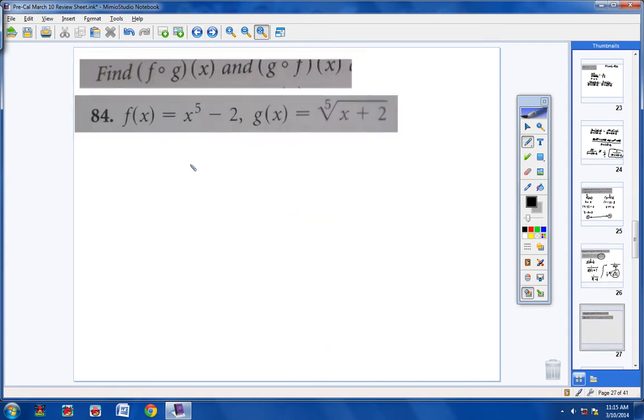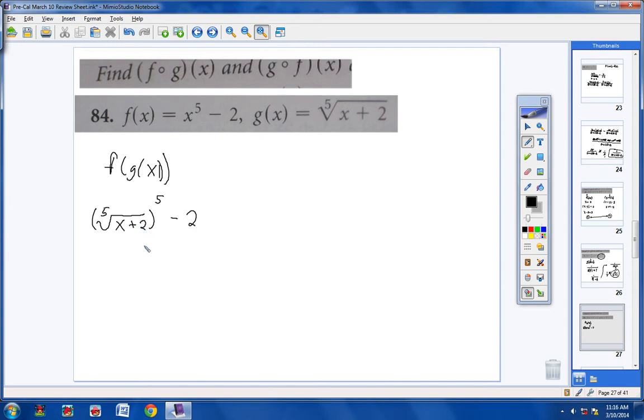All right, let's do, I think it's the last one. Let's do one more of these. F of g of x, f of g of x. Your outside letter's f, so you take your f function, and everywhere there's an x, you put a parentheses. Then your next letter is g, so pick up g and put it right here. And you're going to see this is really, really easy.